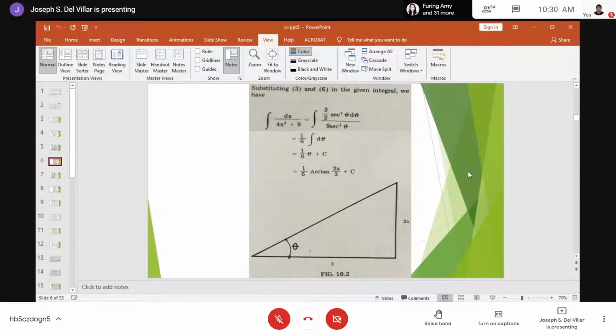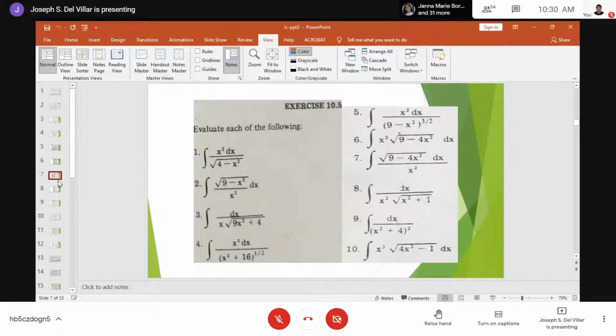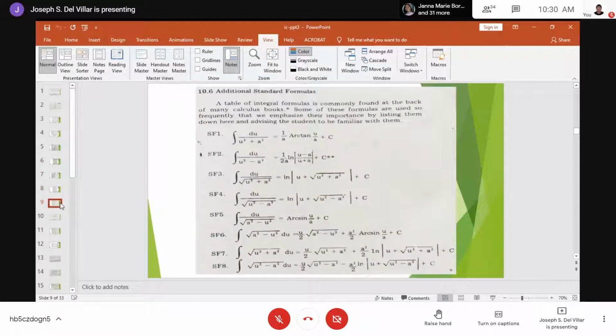But I don't want you to rely always on the formula. Mas maganda yung nagde-derive kayo, yung gumagawa kayo ng right triangle. Okay? Kasi pag nag-memorize kayo, the tendency is for you to forget immediately. So, itong mga standard formulas na to are only guide for you, no? Yung talagang gusto nyo ma-solve kagad, then this is it.